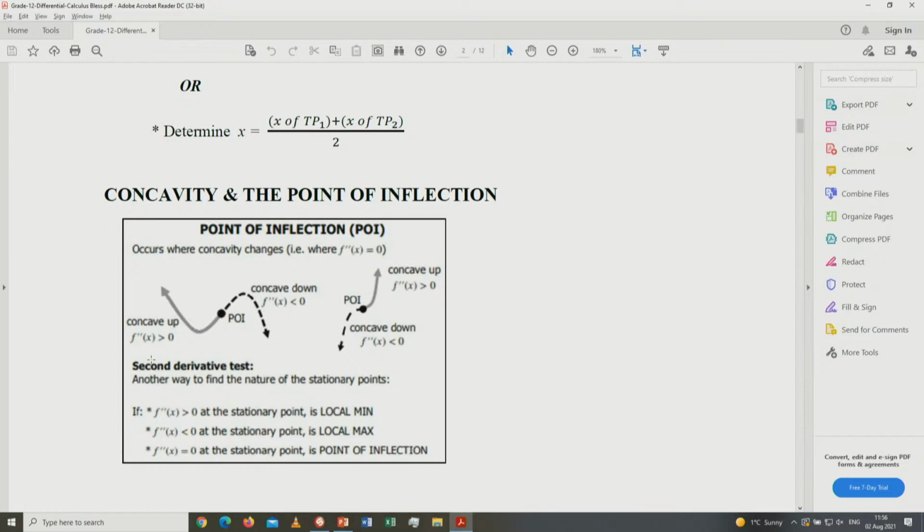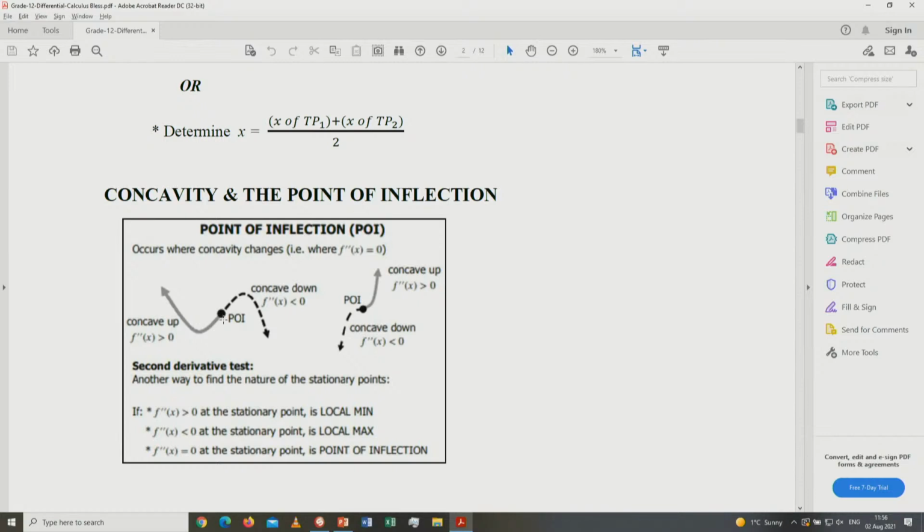What is very key? At the point of inflection, the second derivative is equal to 0. For concave up, the second derivative of x is greater than 0. For concave down, the second derivative of x is less than 0. Very important, learners.